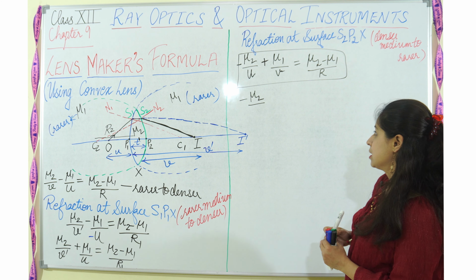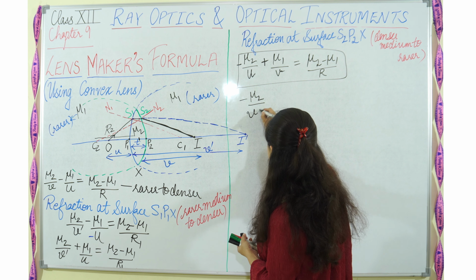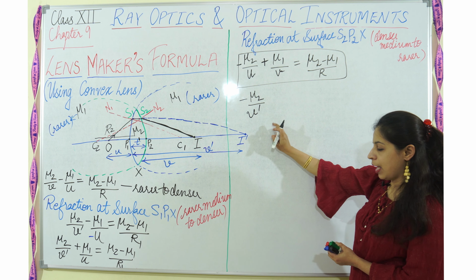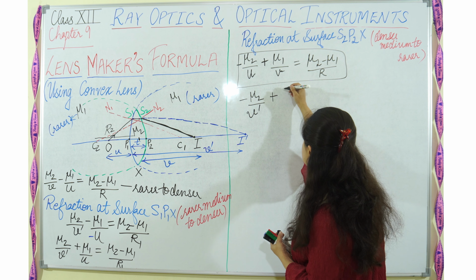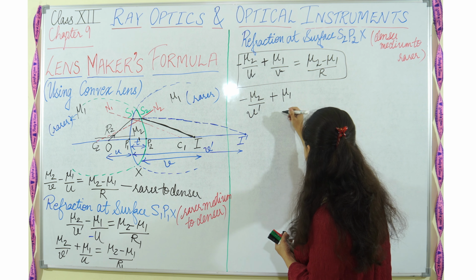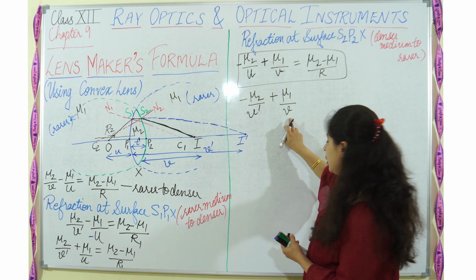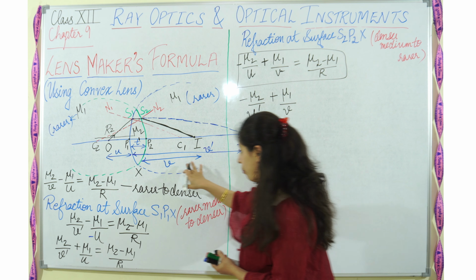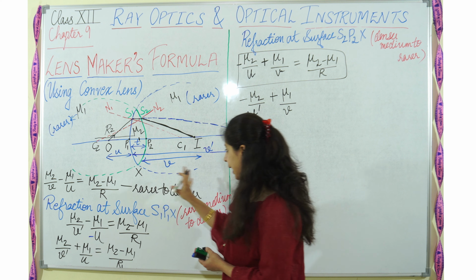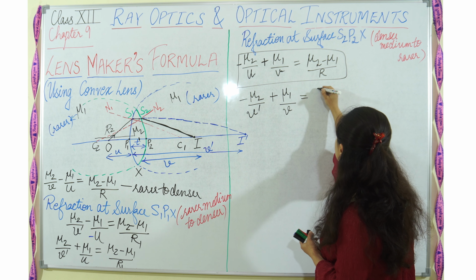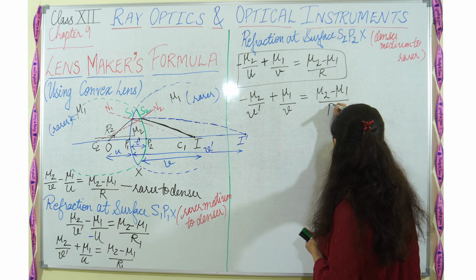So here I will be getting v dash over here, and over here plus mu1 upon v. V is the image distance from the lens, so it is correct, v. Is equal to mu2 minus mu1 upon r2.